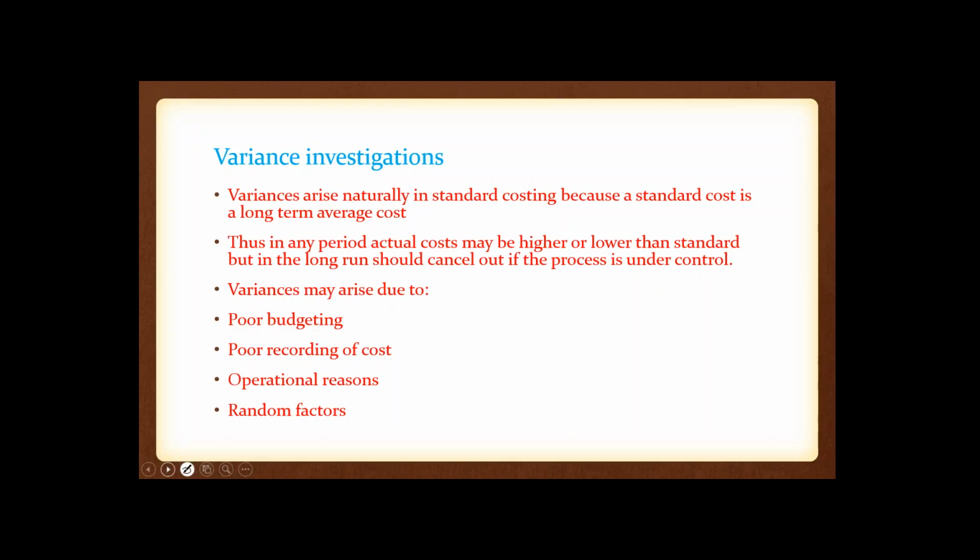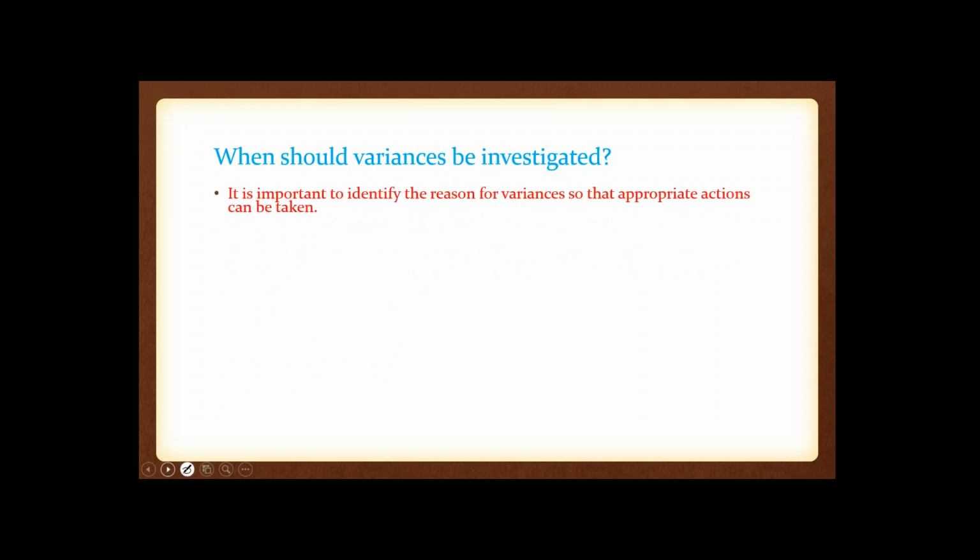So the variances should be investigated, but not all the variances at all times, because variance investigation is a very costly, time-consuming process. So when you want to investigate variance, you must consider certain factors.